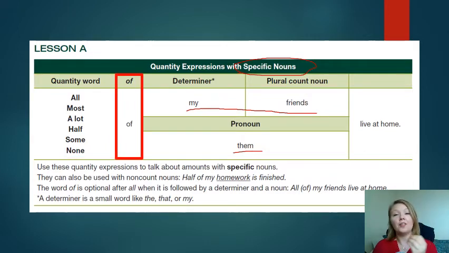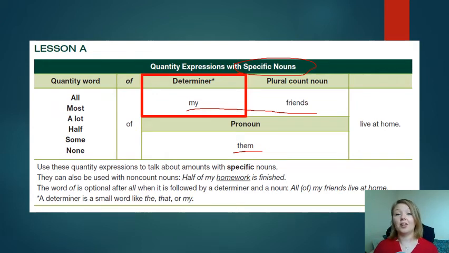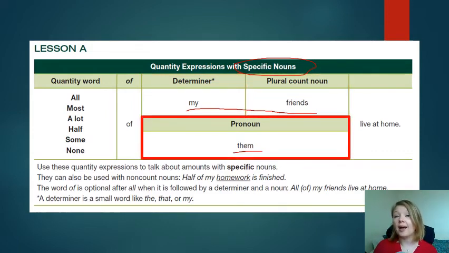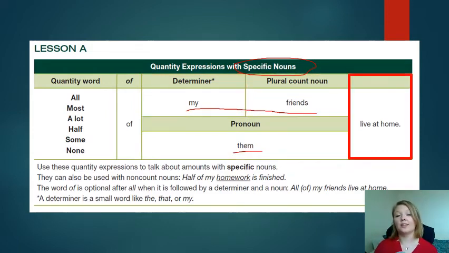All of my friends live at home. Most of them live at home. Some of them live at home. So we use our quantity word, of, our determiner, which is words like the, that, or my, our noun or pronoun, and then the rest of our sentence.